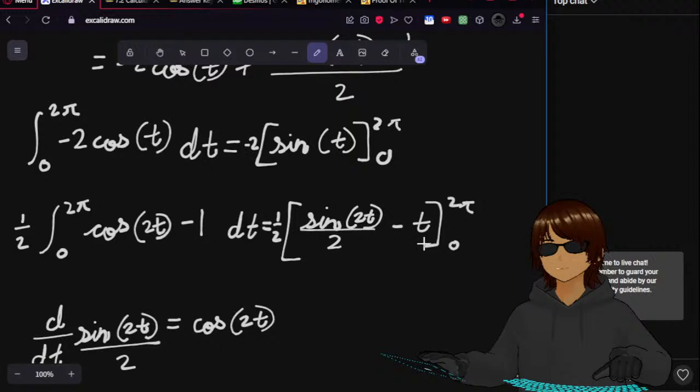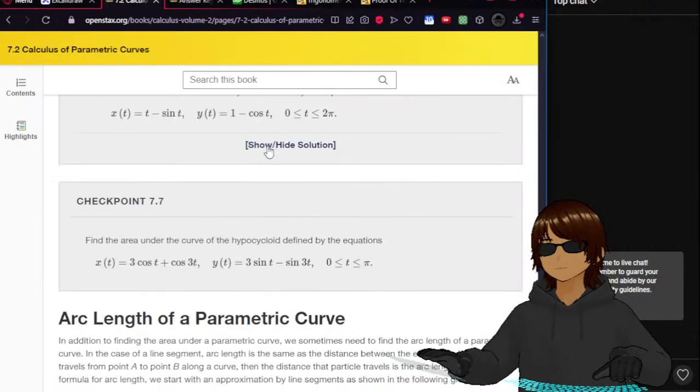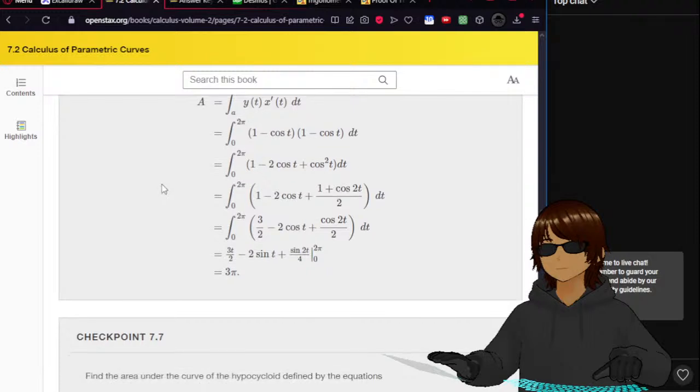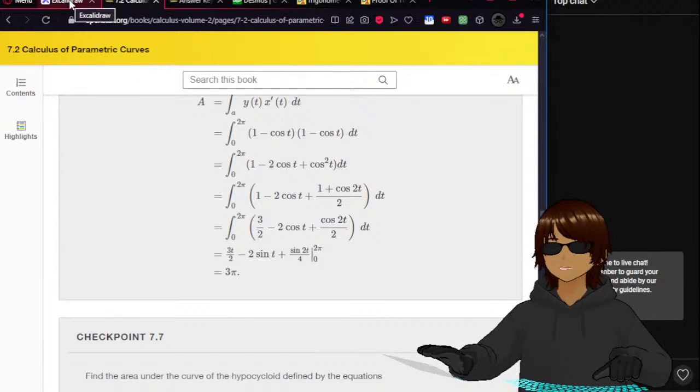So we are just left with minus t. Minus 2 pi. Half minus 2 pi. Let's see. Why did they get 3 over 2?